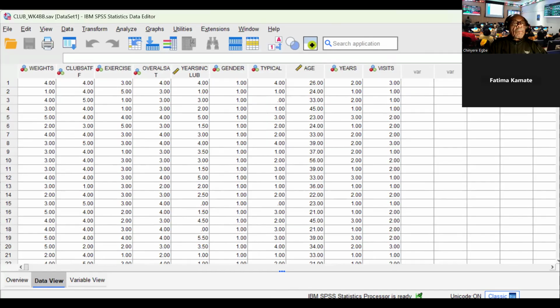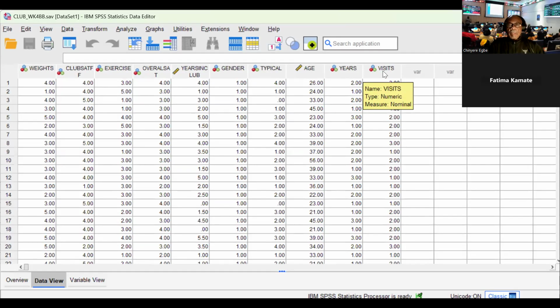And the SPSS file contains the names of variables. Okay, the weights, club staff, exercise, overall, years in, gender, typical, age, years, visits.